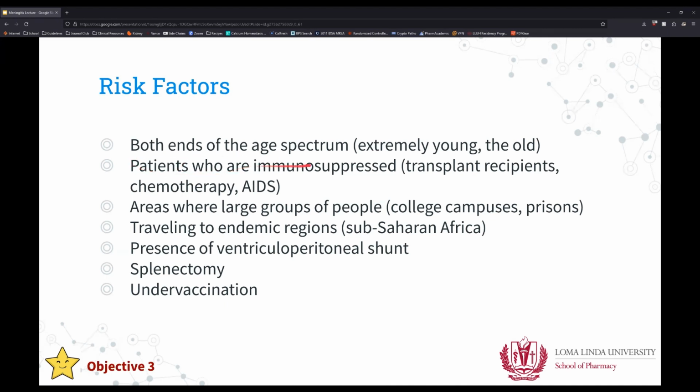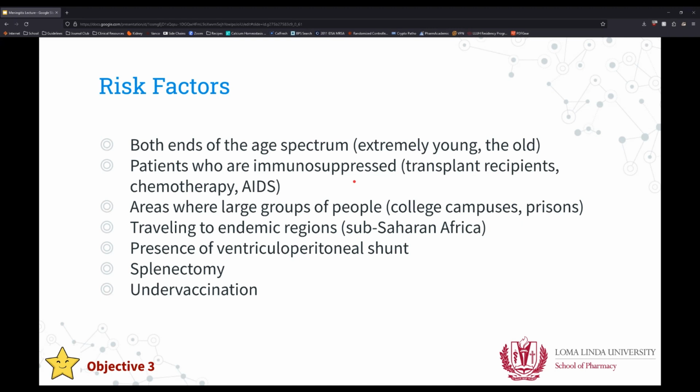Patients who are immune suppressed, such as those with transplants, chemotherapy, and AIDS, are more at risk for developing meningitis and having their CNS compromised. This also includes patients in large groups of people, such as college campuses or even prisons. Furthermore, patients who travel to endemic regions, as we talked about previously, include sub-Saharan Africa.